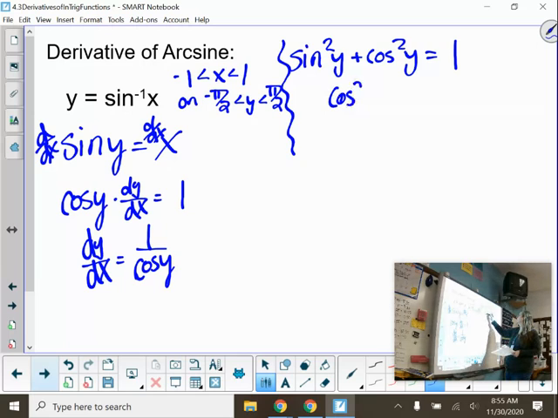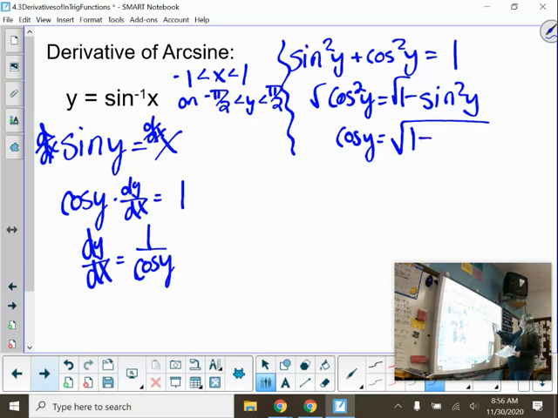So cosine squared y is equal to 1 minus sine squared y, and I take the square root. So my cosine of y is equal to the square root of 1 minus sine squared y. Well, according to my original equation over here, before I actually took the derivative, sine of y is equal to x.